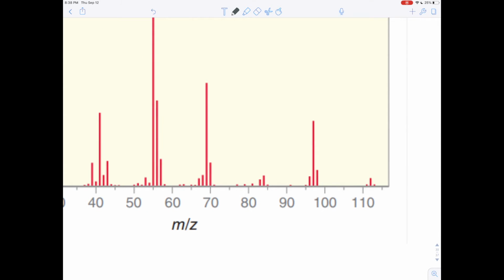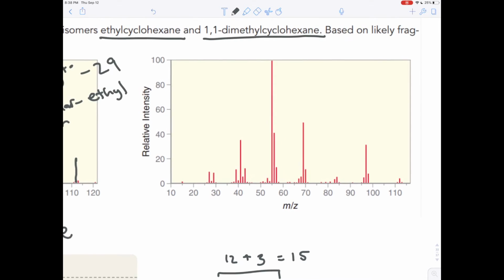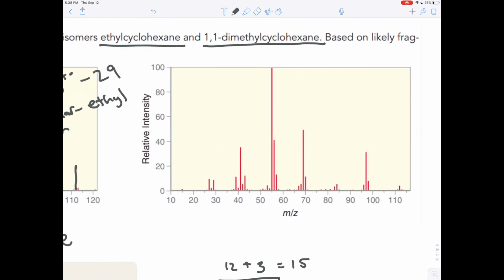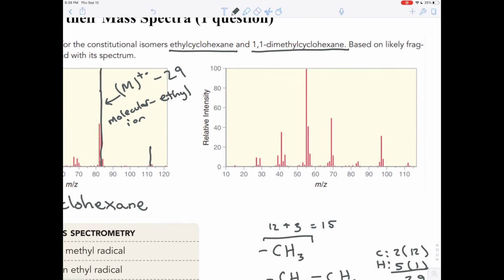Here, our molecular ion peak is pretty small, but it's at the same place, around 112. And here, if you subtract 29, so 20 would take us to here, and 9 would take us to around 83, you notice we don't really have a peak there anymore. So there wouldn't be any ethyl branch that would be kicked off of there.